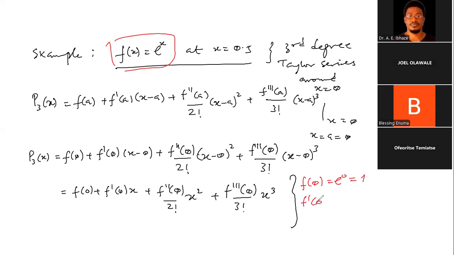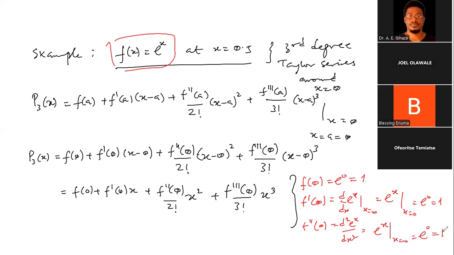Now the first derivative, d/dx of e to the x at x being 0, will also give us e to the x at x equal to 0, which is e to the 0, which is 1. The same applies for the second derivative, which is d squared e to the x over dx squared, which would be the same as e to the x at x equal to 0, which is e to the 0, equal to 1.